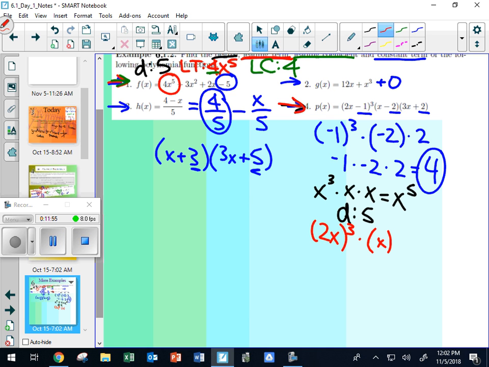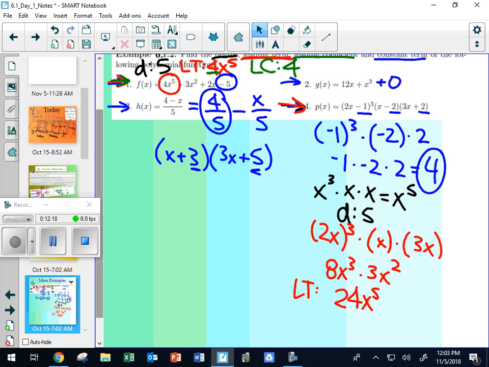We have an x, and we have a 3x. If you multiply that all together, you'll get 8x cubed times 3x squared, which is just 24x to the 5th. So this right here is our leading term. So then what would the leading coefficient be? 24. Okay.